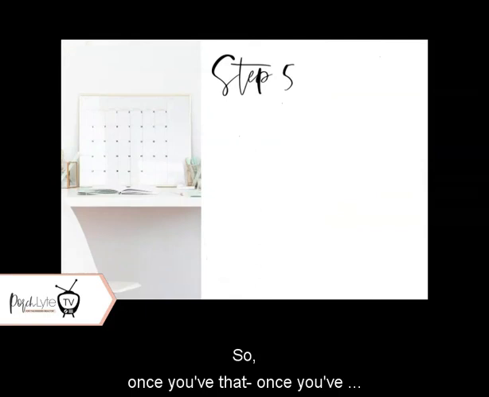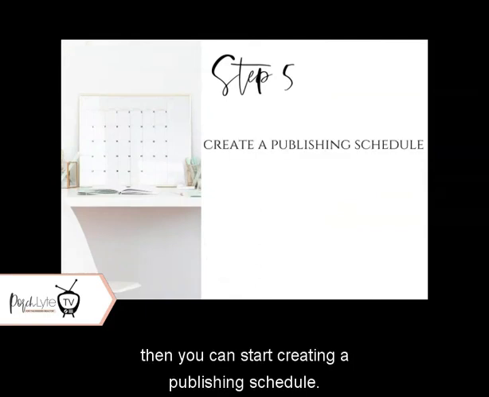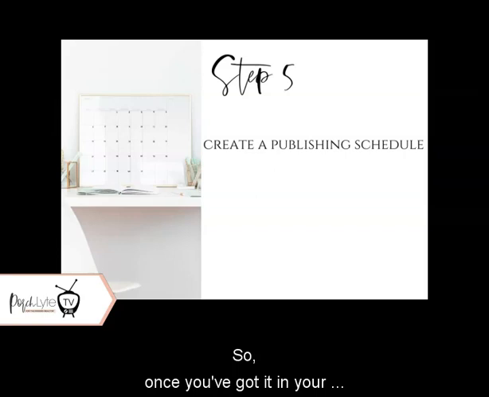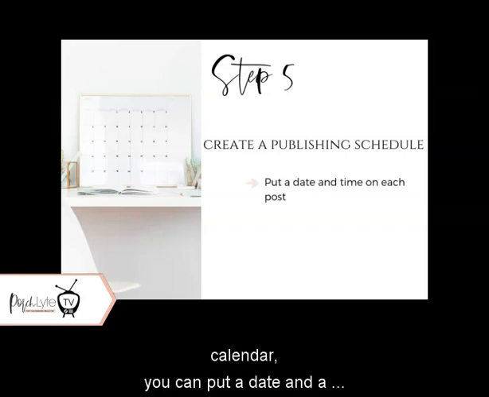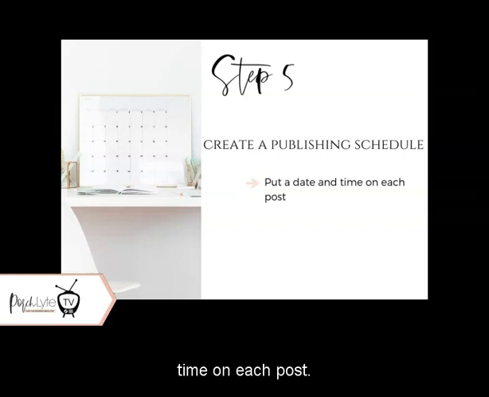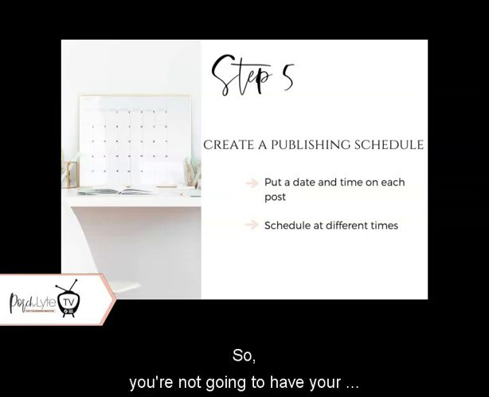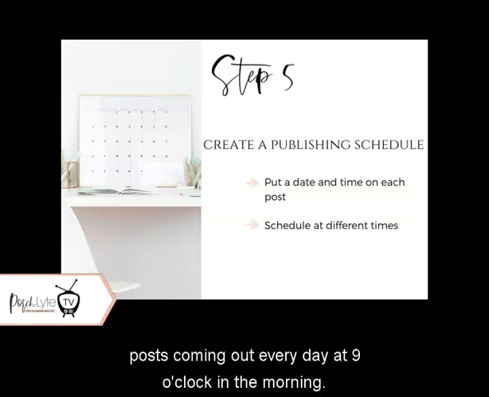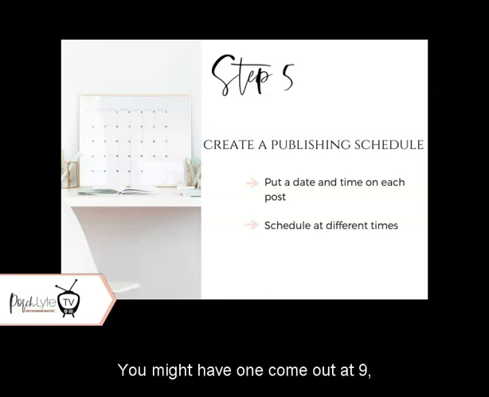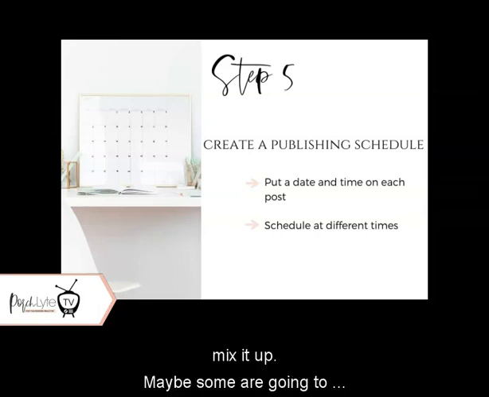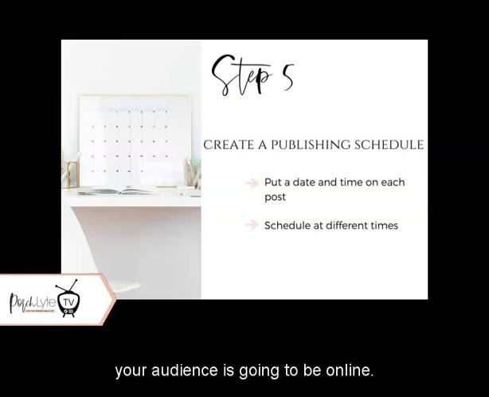So once you've got that figured out, then you can start creating a publishing schedule. Once you've got it in your calendar, you can put a date and a time on each post. Now, you want to make sure that you schedule these posts at different times. So you're not going to have your post coming out every day at 9 o'clock in the morning. You might have one come out at 9, one at 2, so mix it up. Maybe some are going to come out in the evening, because you just don't know when your audience is going to be online.